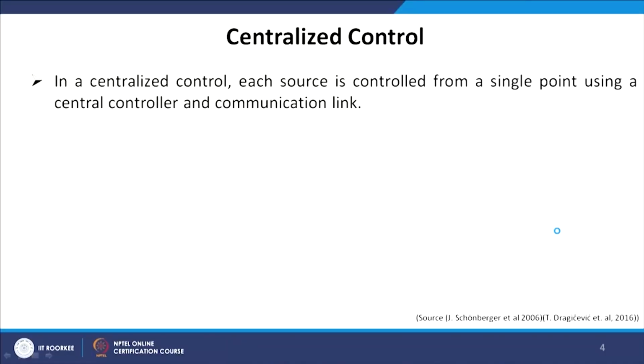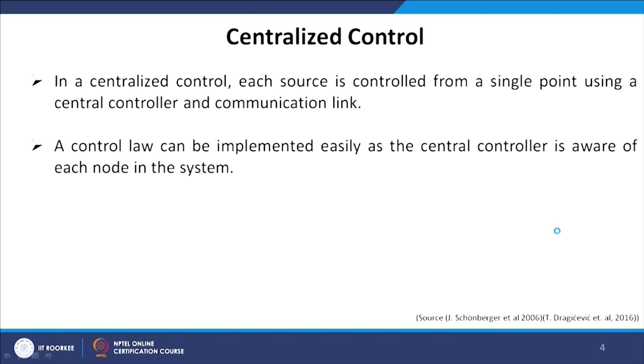Centralized control is very popular, and a control law can be implemented easily as the central controller is aware of each node in the system. It means the central controller understands what is happening at the PV bus, at the wind generator connected bus, and at my battery storage connected bus. So, centralized control seems to be a smarter one.